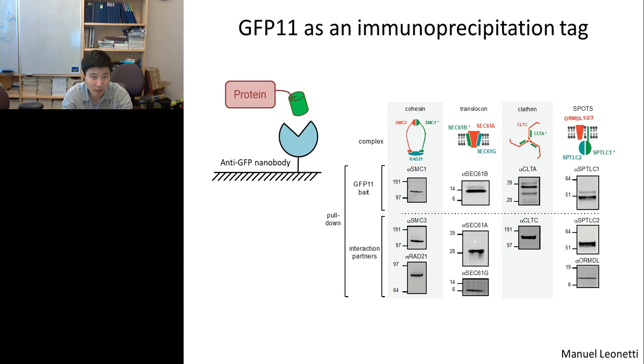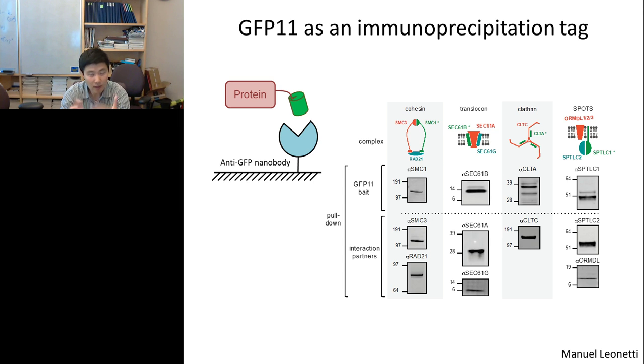Here's a proof of principle demonstration from Manuel. For a number of complexes, we have shown that we can very cleanly pull down the other components of the same complex. So we have a dual functional library that is not only useful for microscopy, but also useful for biochemical and even proteomics analysis.